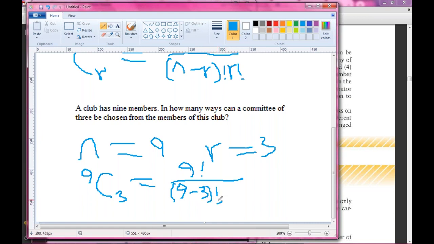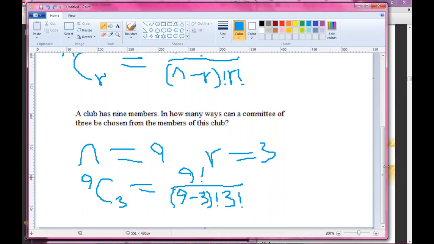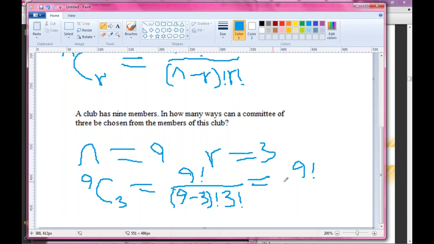I'm taking my time to do this so that some of us who are writing can have something to write down, so there's no excuse that you did not write anything. 9 minus 3 is 6, so you're going to have 6 factorial multiplying 3 factorial.